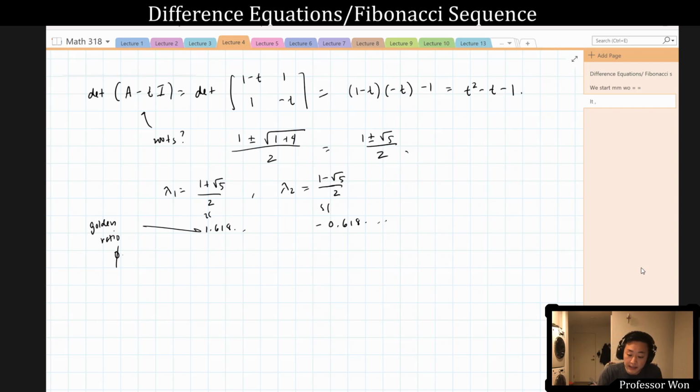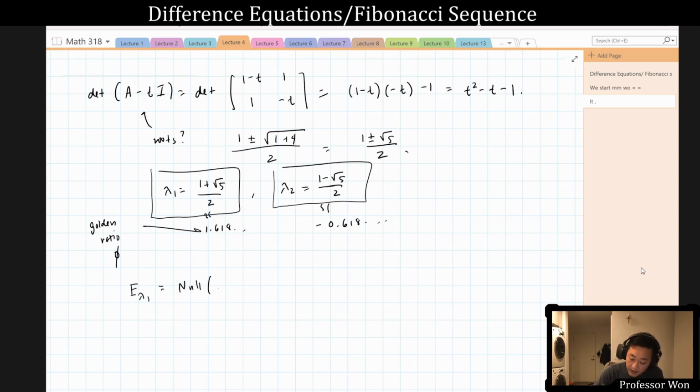Okay, well, these are the eigenvalues. Now I need to find eigenvectors by taking the null space of A minus this eigenvalue times I. Let me show you what that is: (1 minus lambda 1, 1; 1, negative lambda 1). You can compute that this is spanned by the vector (lambda 1, 1).